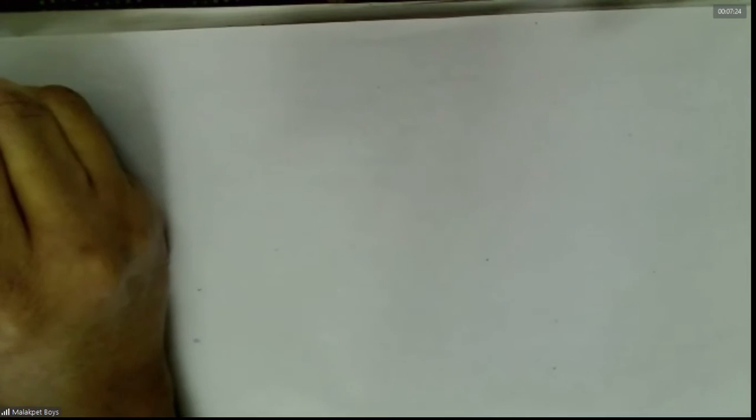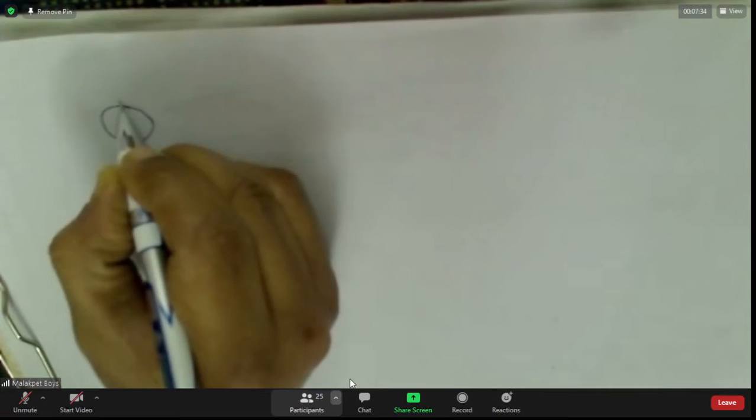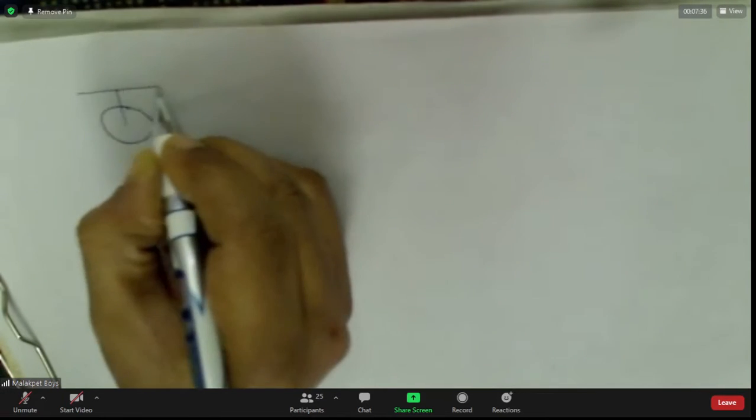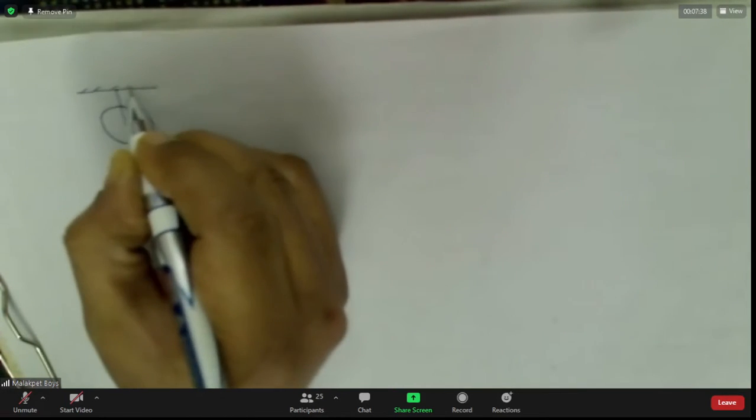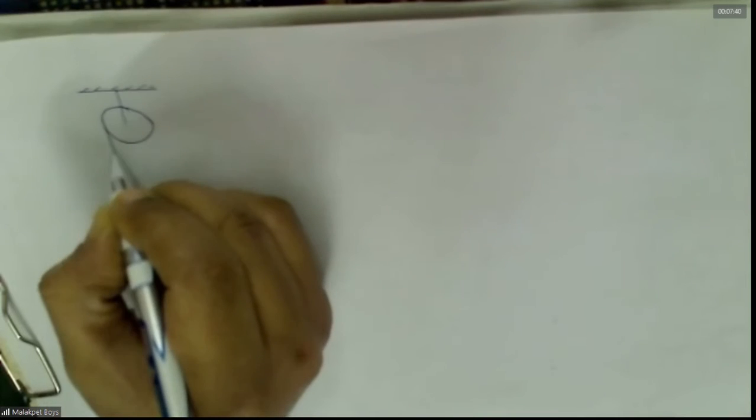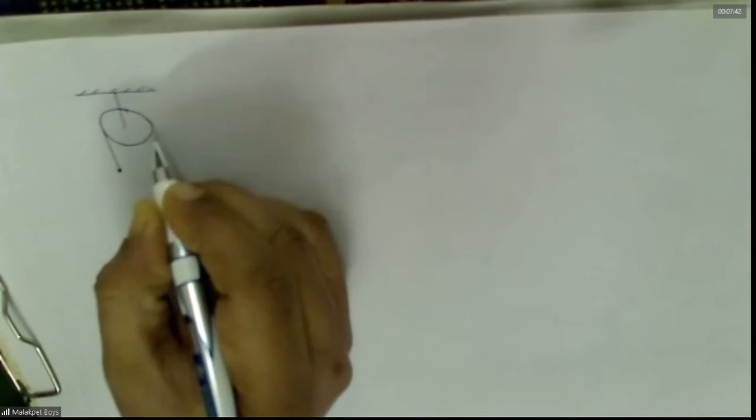Now let's go ahead with the further discussion of this. See, suppose this is one pulley. Another method, underline.